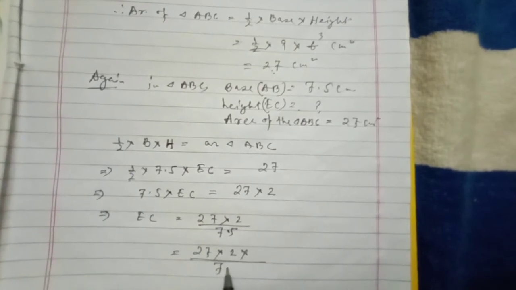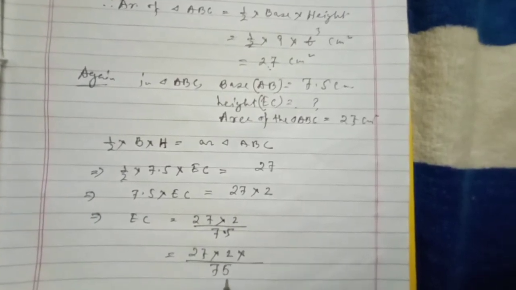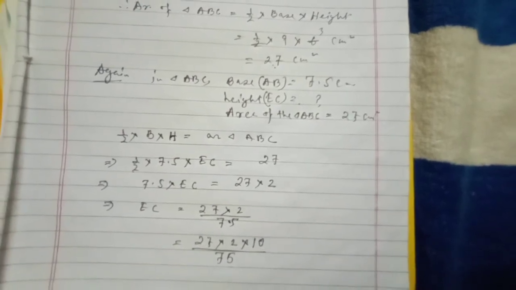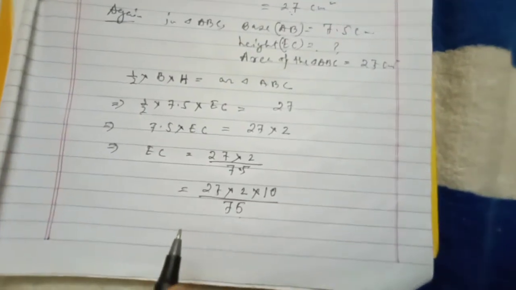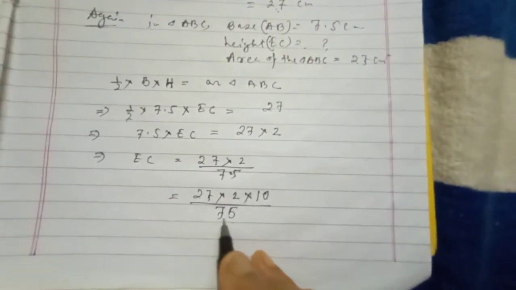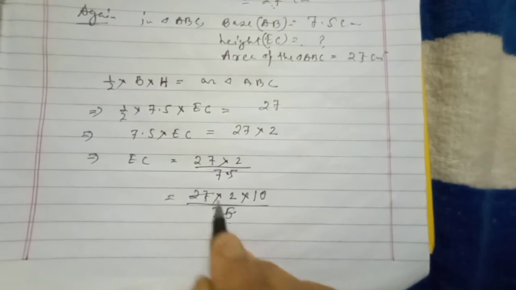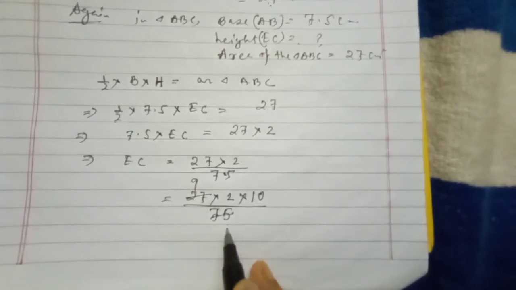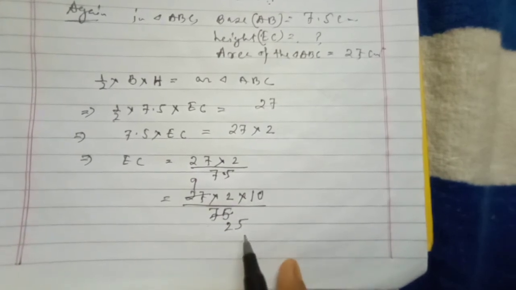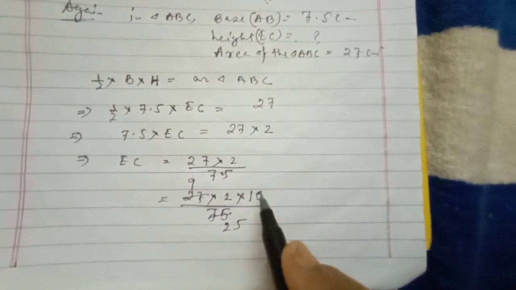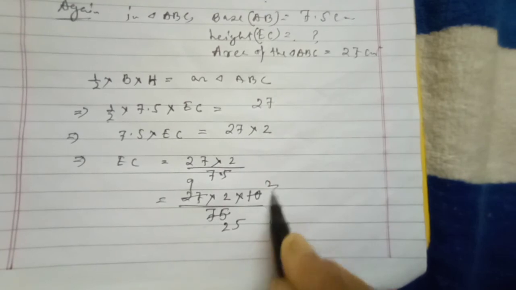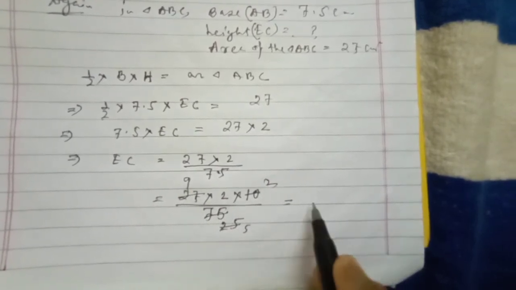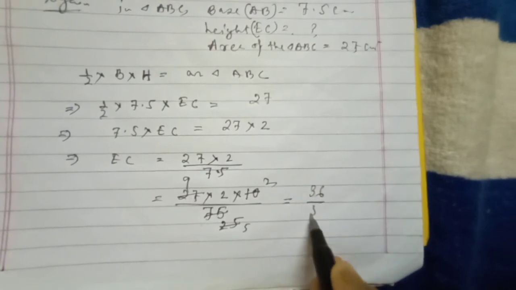To remove this point, we have to divide it by 10. This 10 will go in the numerator. Now divide it. 5 3s are 15, 5 2s are 10, 5 5s are 25. 2 2s are 4, 4 9s are 36 by 5.